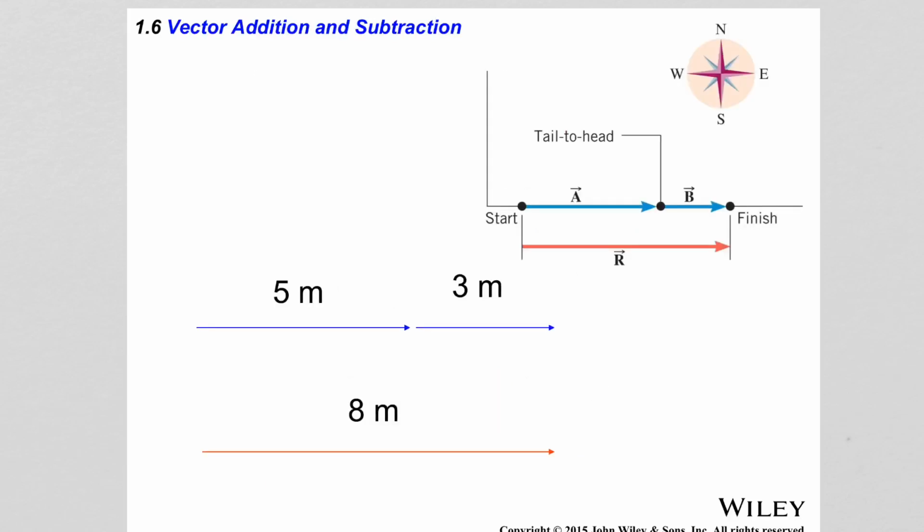Before we go there, let's address this example in some numbers. The magnitude of displacement A is 5 meters, the magnitude of displacement B is 3 meters, the magnitude of the resultant displacement R is 8 meters, 5 plus 3.